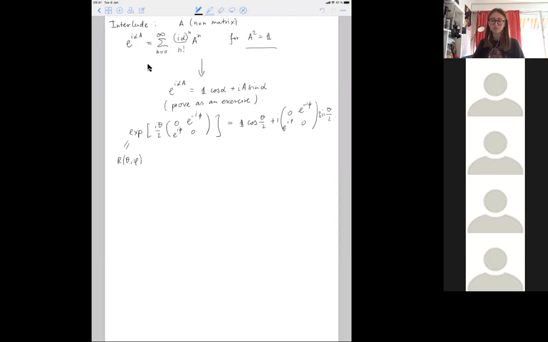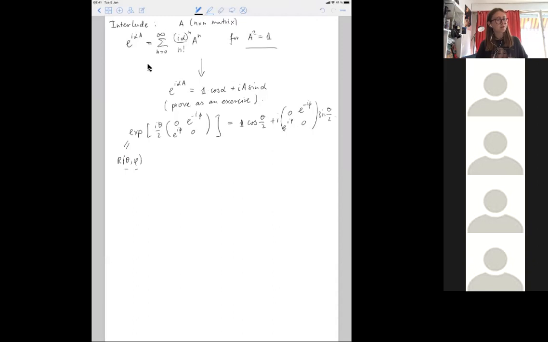And then you'll see to what operations it corresponds. Also try to think about the Bloch sphere and what it does to the Bloch sphere. So in the second part of the exercise, you'll need to find the values of theta and phi for a particular operation, for example a bit flip. So which values of theta and phi would correspond to a bit flip?